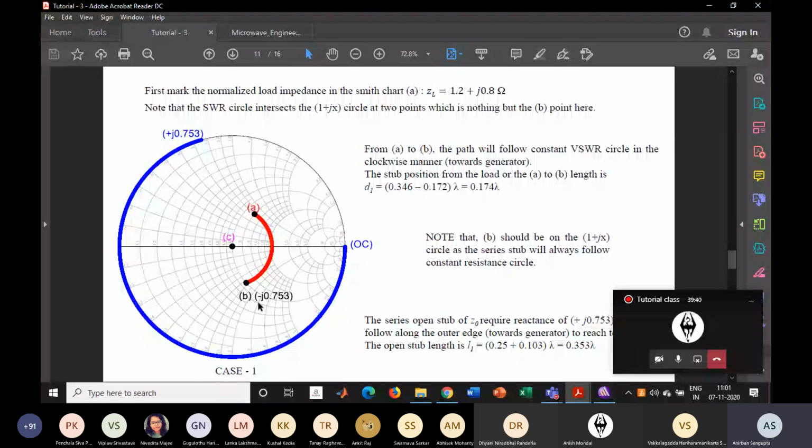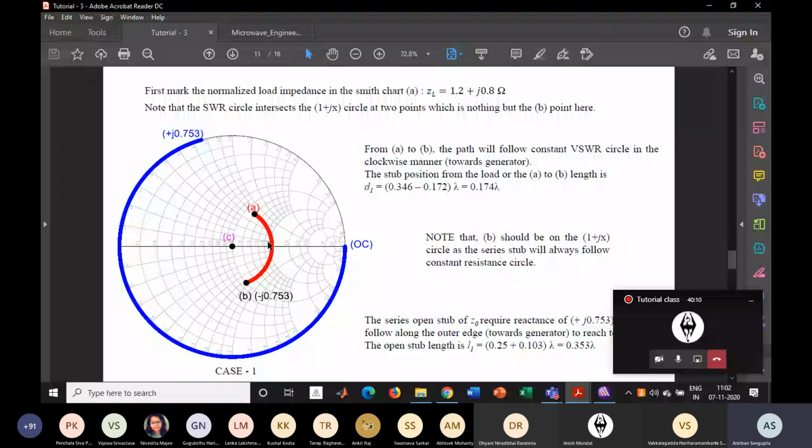So now you have to compensate that. First of all, you have to come to the 1 plus jx circle to match the load impedance. You have to first come to the 1 plus jx circle, then go towards the matching point. To come to the 1 plus jx circle, what is the distance you have to travel? That you can find if you extend this point. Suppose from the center you connect one line to here and then extend it to here.